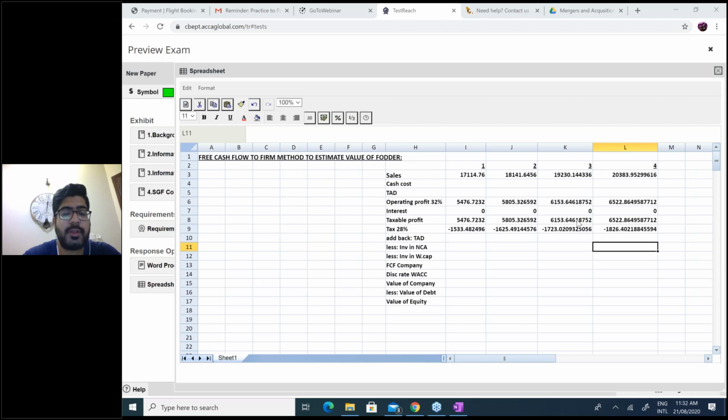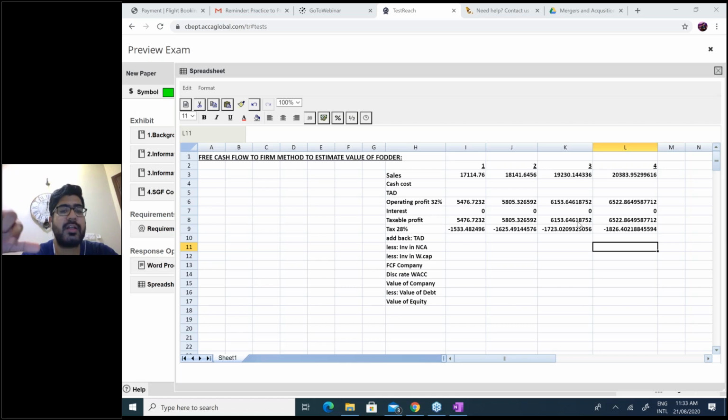Operating profit is 32% of revenue, because operating profit is a percentage of revenue. We computed it for 2011, profit over revenue. Jakir, we discussed yesterday that in FCF to company, interest doesn't come because it's already included in WACC, the discount rate.